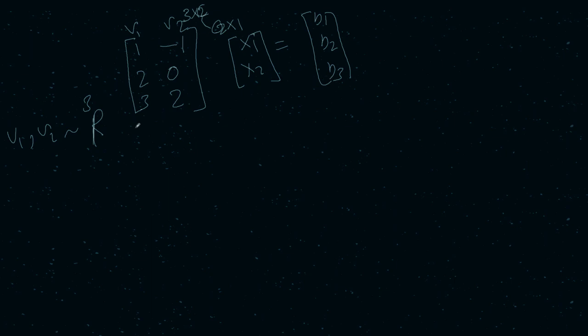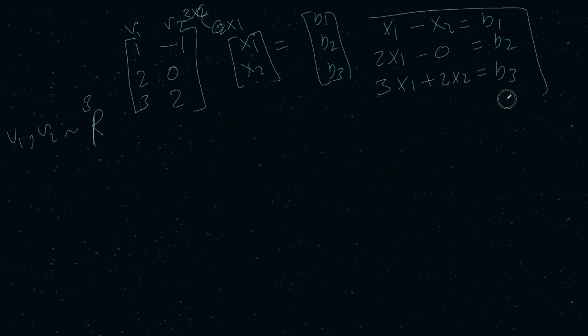In basic linear algebra, usually they solve such equations by making this row multiplication: you multiply row by column. So the result simply will be x1 minus x2 equal to b1, 2x1 minus 0x2 equal to b2, and the third equation is 3x1 plus 2x2, the result is b3.